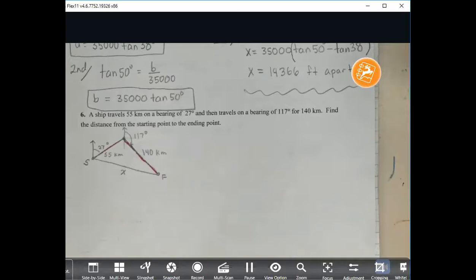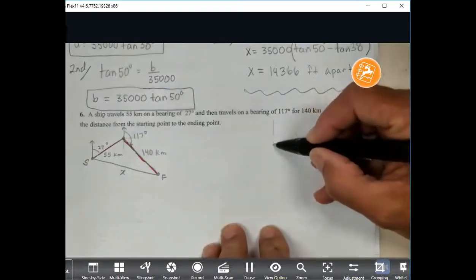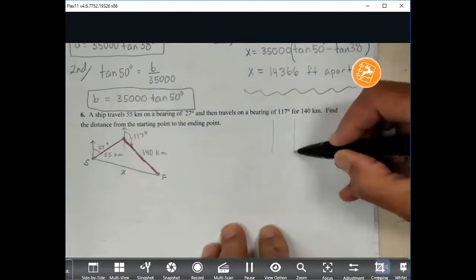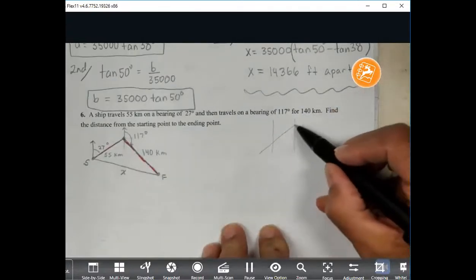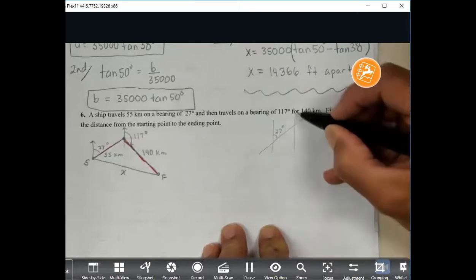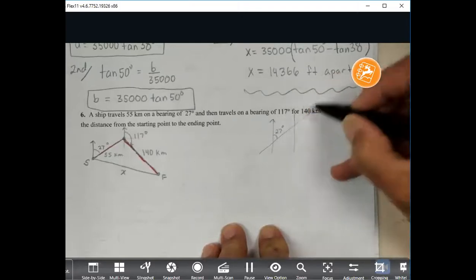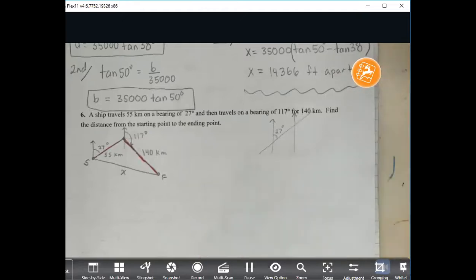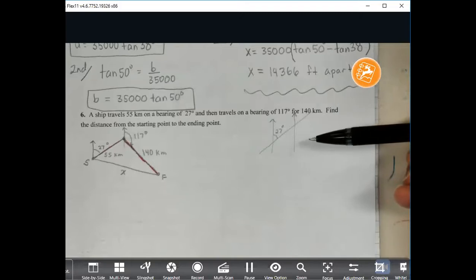So let's see, what do we know about parallel lines cut by a transversal? Here's that 27-degree angle. This is my first north line and my second north line. When we have parallel lines cut by a transversal, we have some congruent angles.